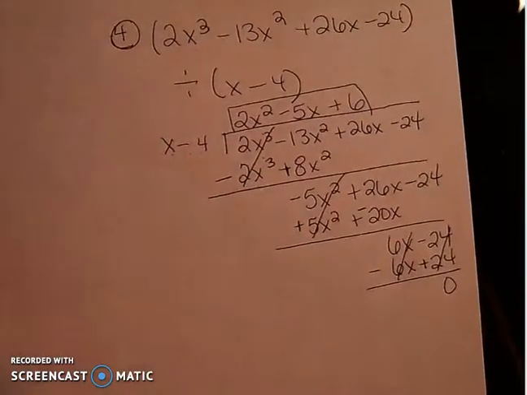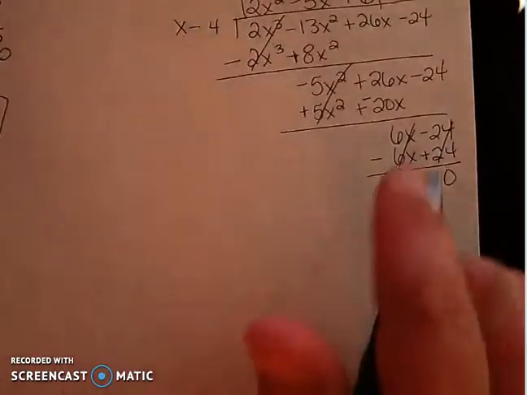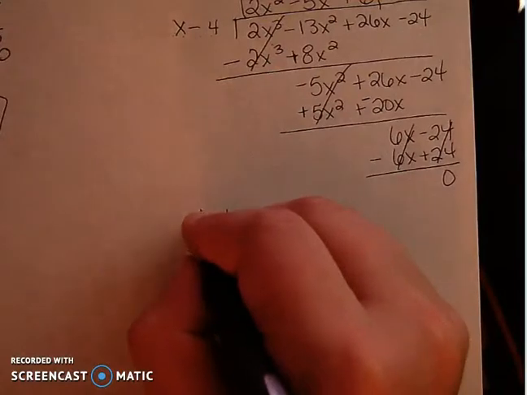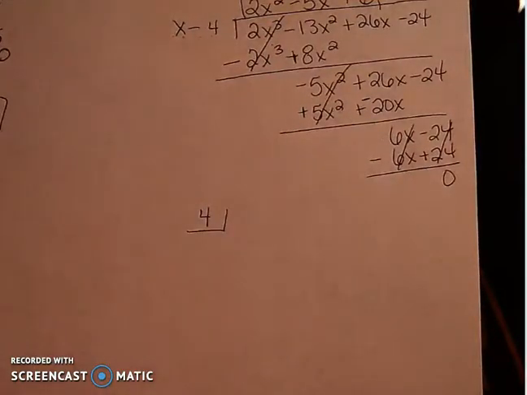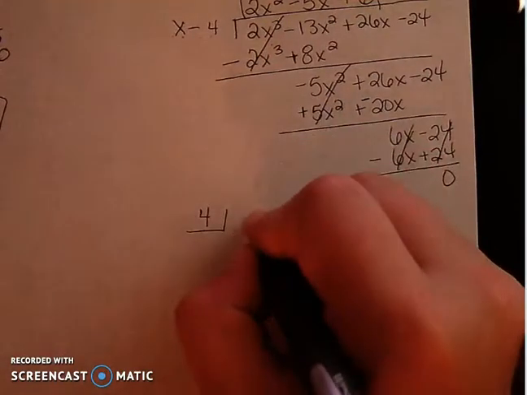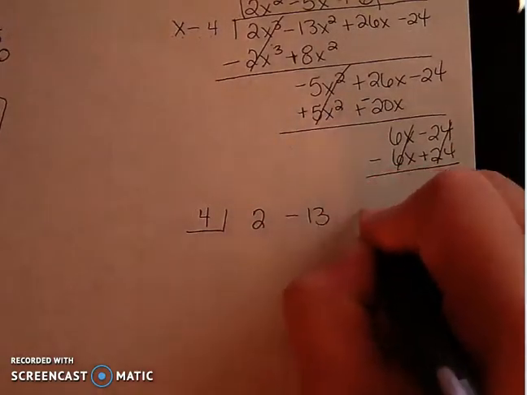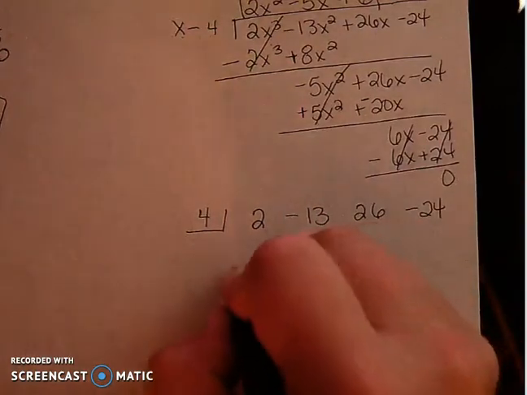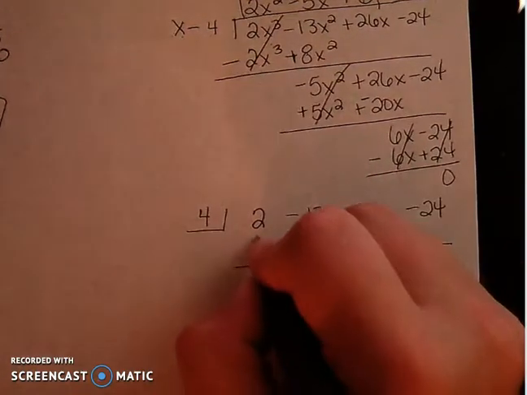In this case, we don't have to do that because x is just x. With synthetic division, remember you draw your kind of upside down house. The opposite of your divisor goes in the box, so 4. You write out all your coefficients. If a term is missing, replace it with a 0. Leave a little space, bring the number down.